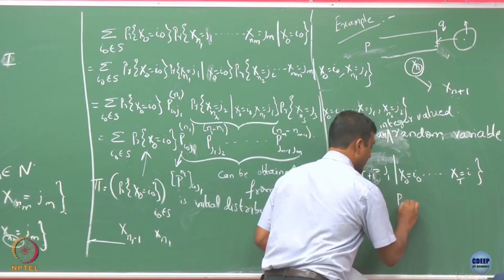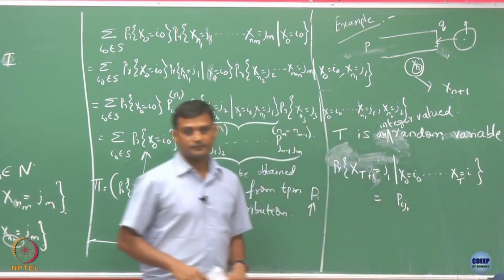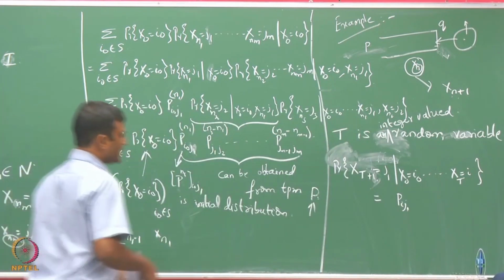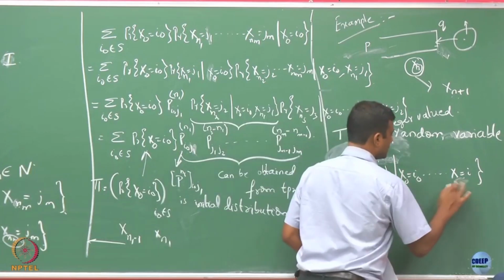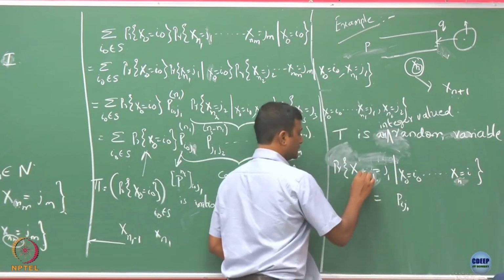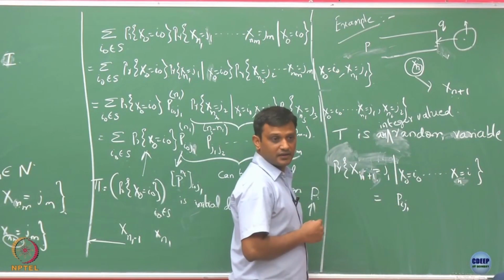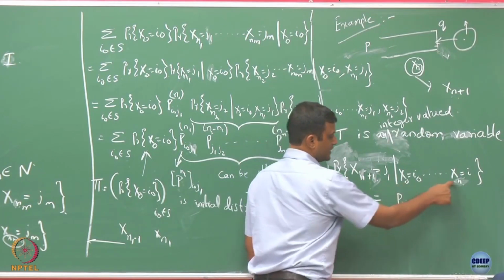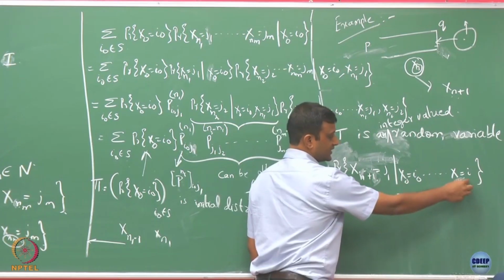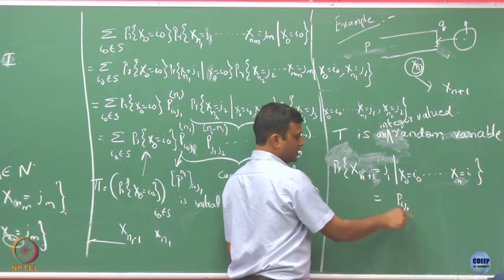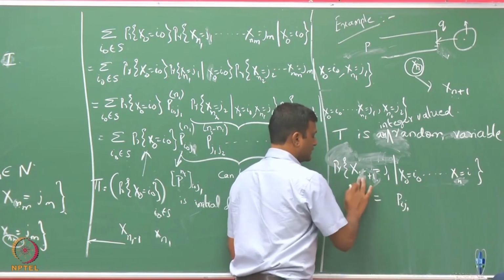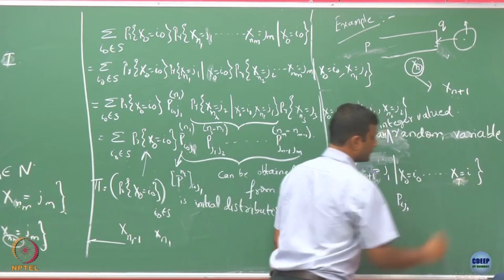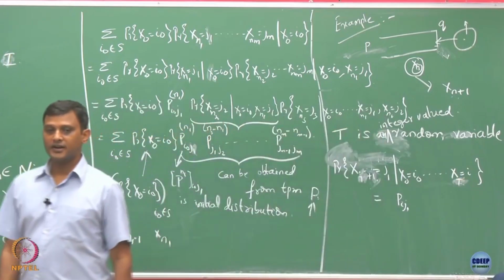If T is some fixed n, this is our description, P_ij. So this is independent of everything else except that X_n equals i, and that is the definition of P_ij. But now I want to ask the question, what happens if this time is not deterministic, but random?